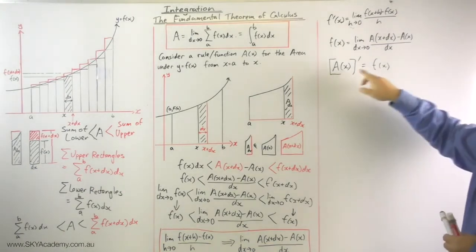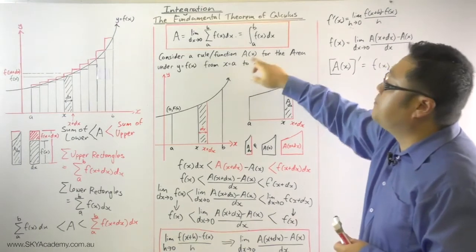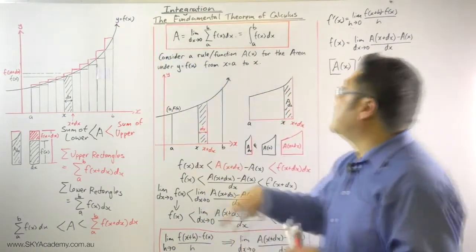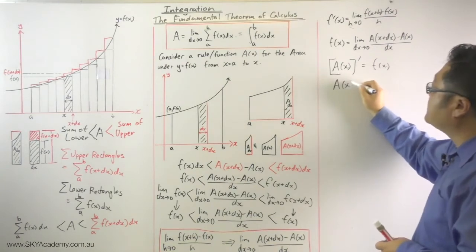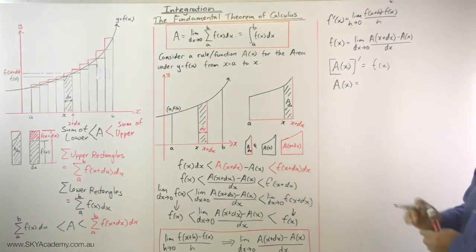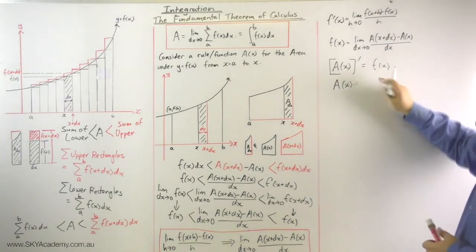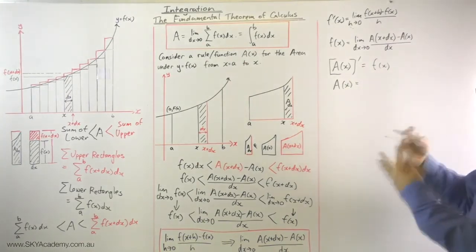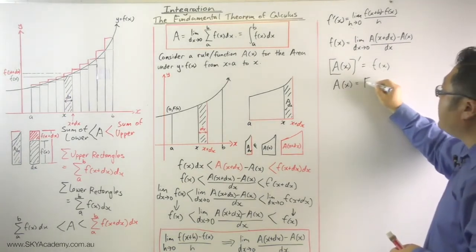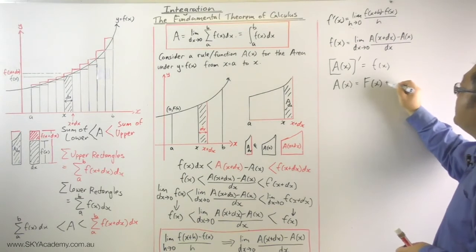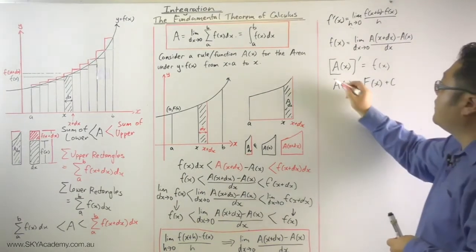The derivative of a of x, this rule here, is going to be this rule here, which actually means that to find the rule a of x, what's the opposite of differentiation? It's going to be the anti-differentiation or the primitive. So the primitive of f of x is f of x plus c. All right? That's really what's going on here.